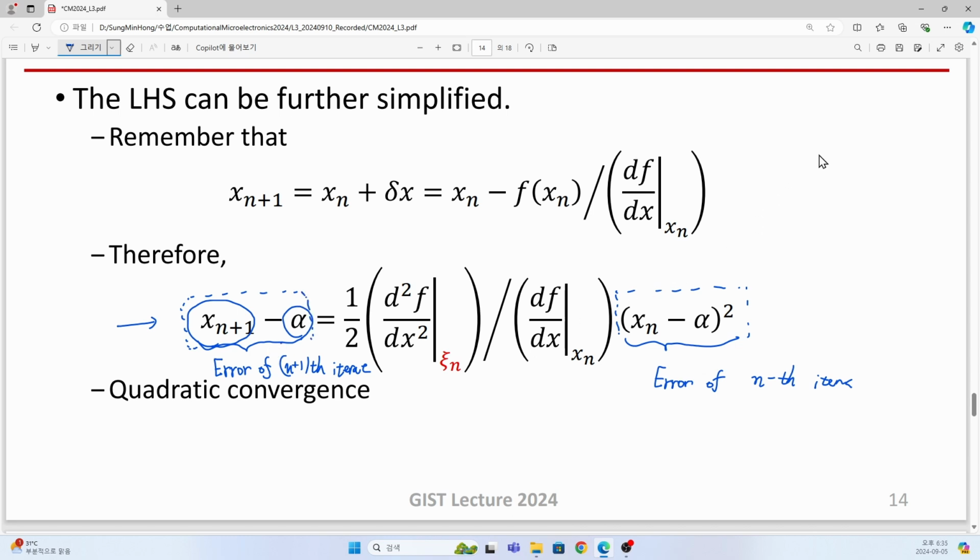For example, if our previous error level was 0.01, then maybe we can expect next error level just around 0.0001, because it is proportional to the square of our previous error level. So that is usually called quadratic convergence.